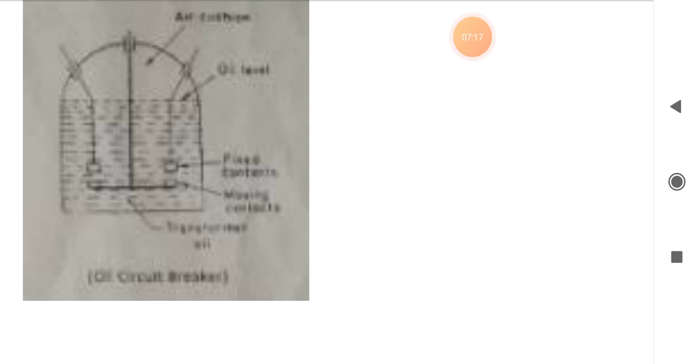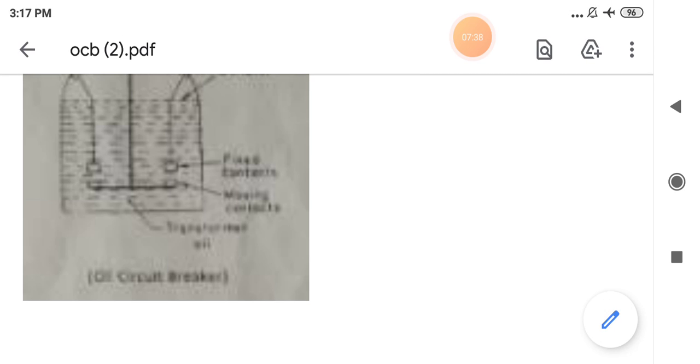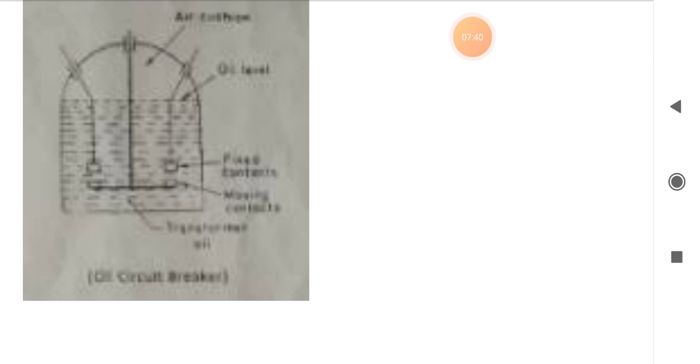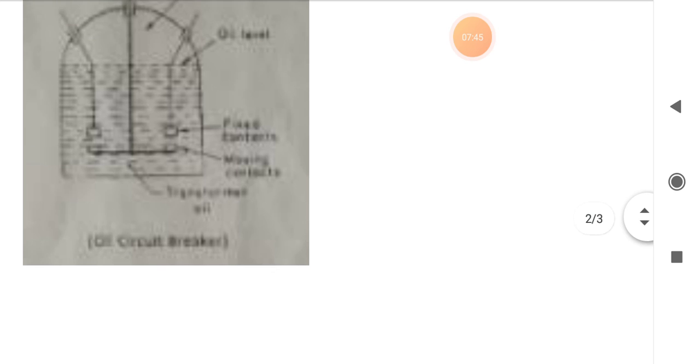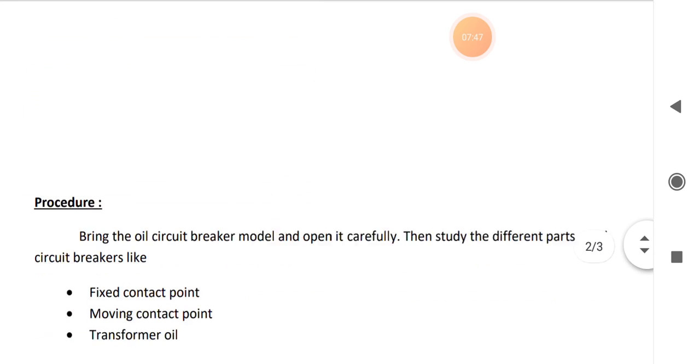That is the reason why this circuit breaker is also known as oil circuit breaker, because the medium for disconnecting this contact is oil. Oil acts as a medium which is used for cooling the arc, and it also makes the arc extinguish quickly. Now we will proceed to the conclusion.